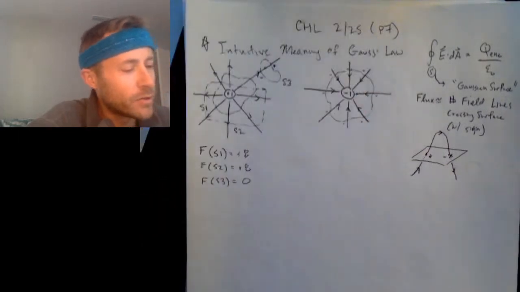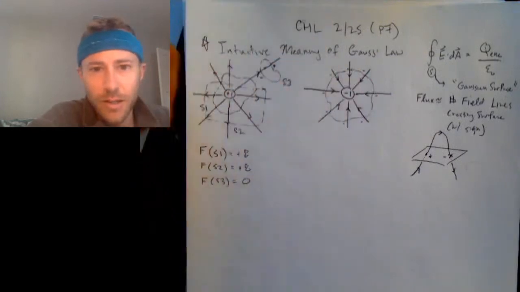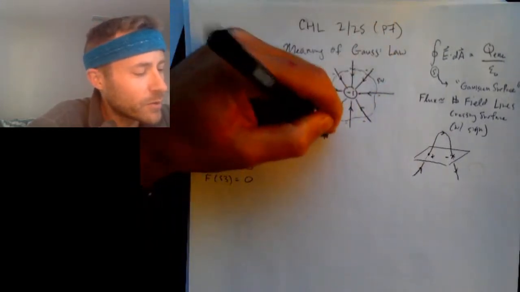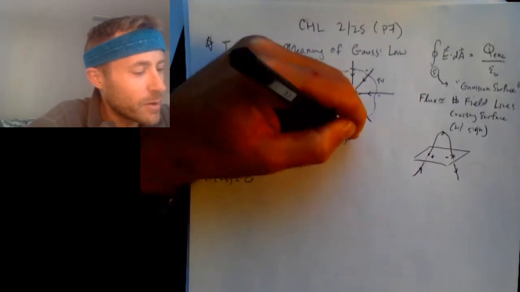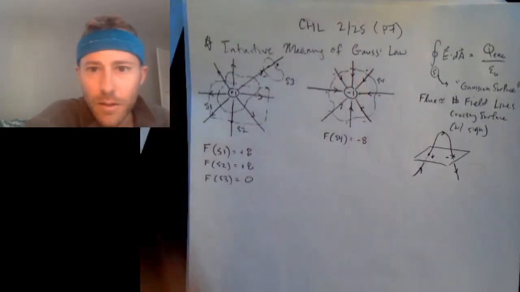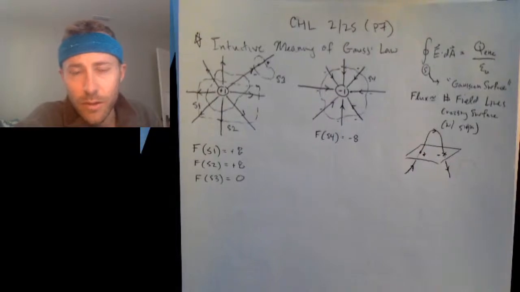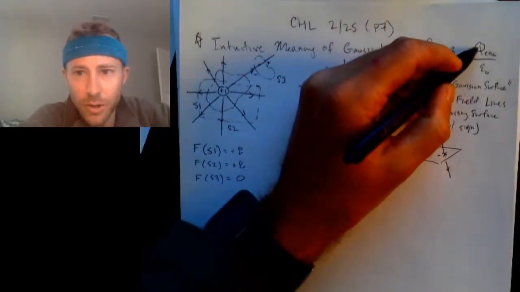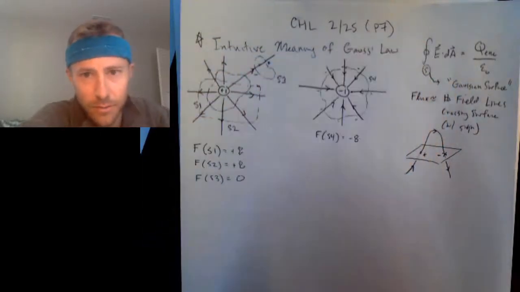All right, so I have 8 lines going in. So if I call that surface 4, the flux through surface 4 is going to be minus 8. That is consistent with Gauss's law as well, because if you enclose negative charge, you get negative flux.